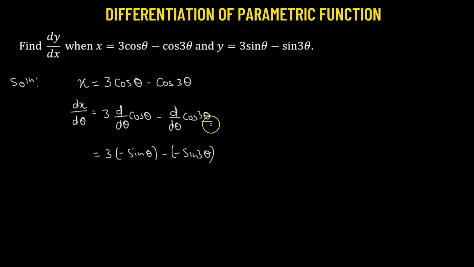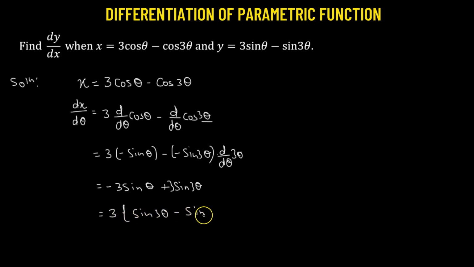But since we have 3 theta here instead of theta, we'll use the chain rule and multiply by the derivative with respect to theta of 3 theta. So this is going to give us negative 3 sine theta, positive sine 3 theta, and the derivative of 3 theta will be simply 3. So we can take 3 as the common factor and multiply it by sine 3 theta minus sine theta.